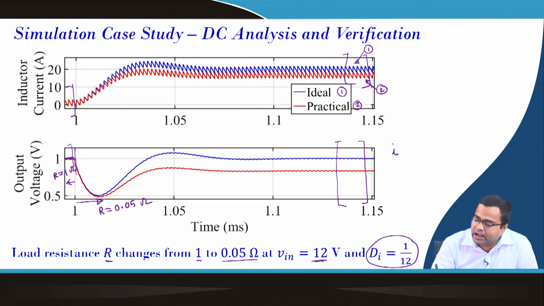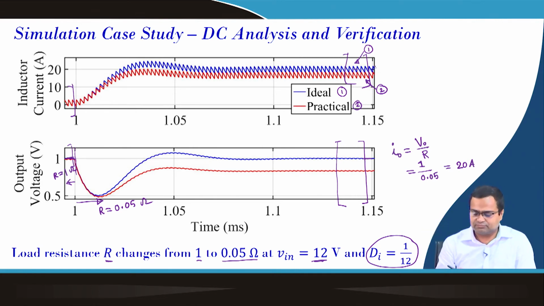It should be I0 equal to V0 by R. So, if V0 is 1 volt and R is 0.05 ohm, it will be 20 ampere. So, my average inductor current is 20 ampere, that is shown here.